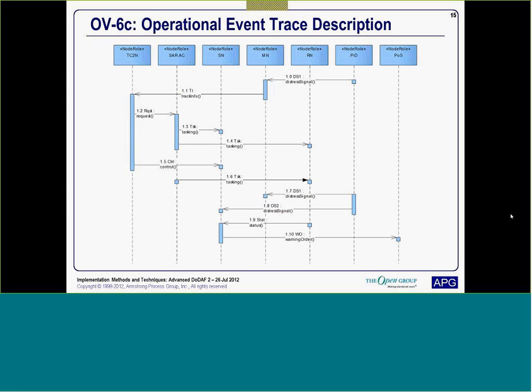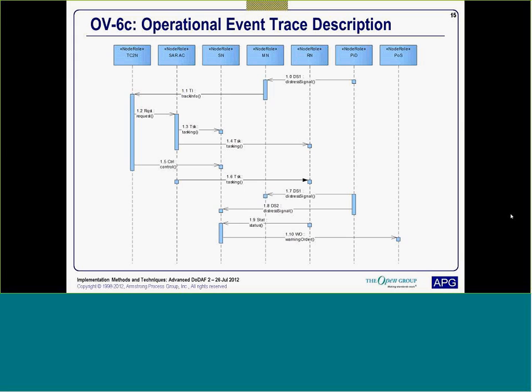OV6c is very familiar to those that recognize UML sequence diagrams. It's the same as UML sequence diagrams, and OV6c is an operational trace that's used to define some kind of time-based behavioral scenarios, and trace is between the various kinds of operational elements.